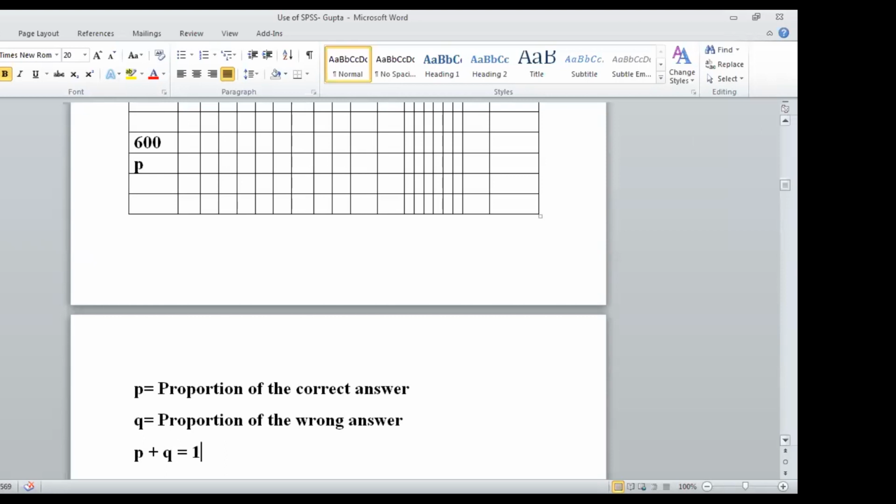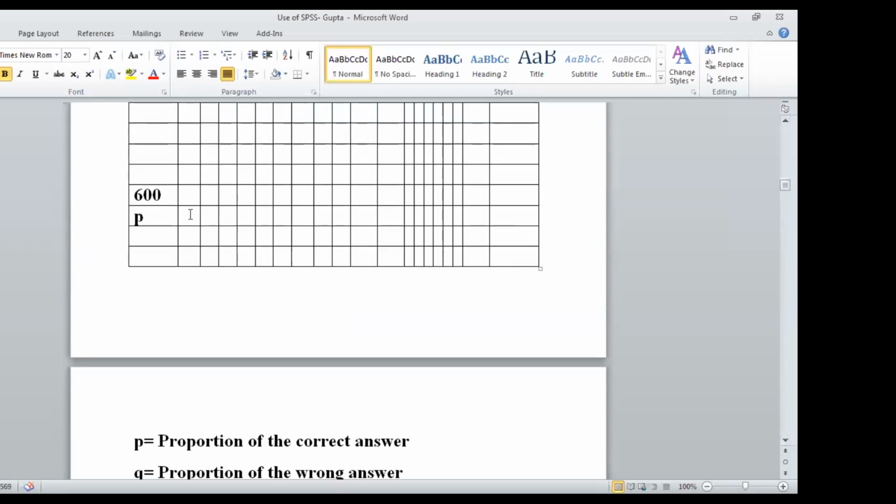So suppose out of 600, the first question is attempted correctly by 300 people. So here it is 0.5. Okay. Now another question.